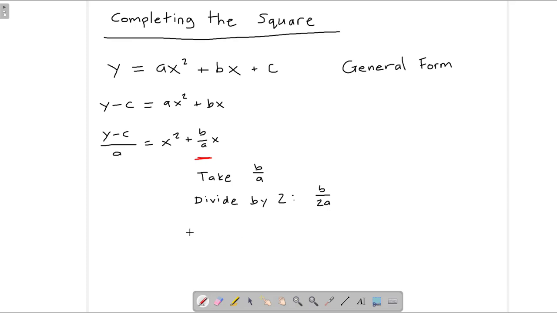And then I have to square it. So just square this whole thing, raise it to the second power, b over 2a squared. Next, I need to add this term to both sides of my equation. So we're going to be adding b over 2a squared to both sides.